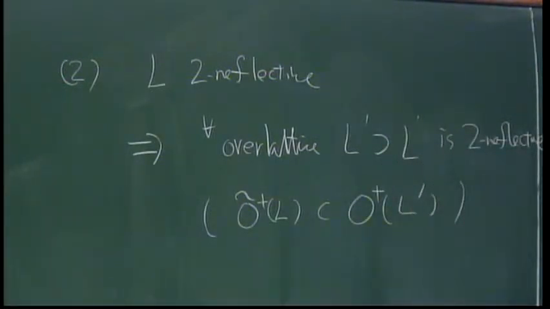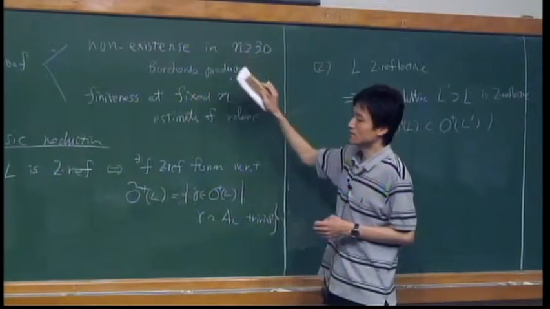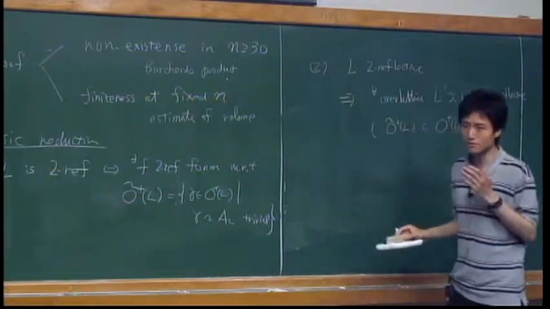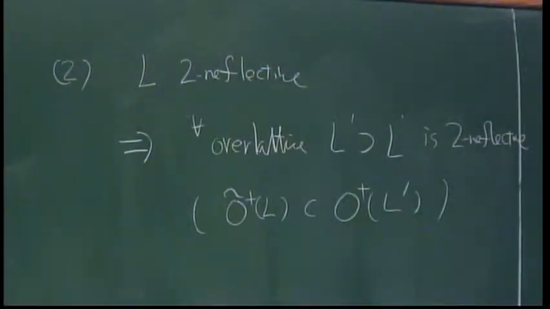So when proving non-existence in higher dimension, we can restrict to maximal lattices in particular. But you also get more -2 vectors in L prime.